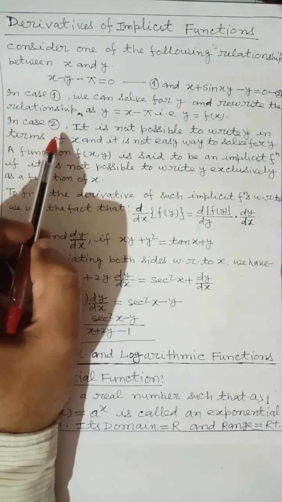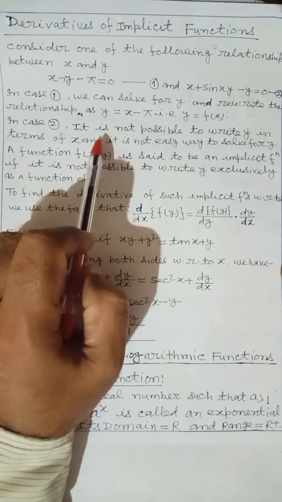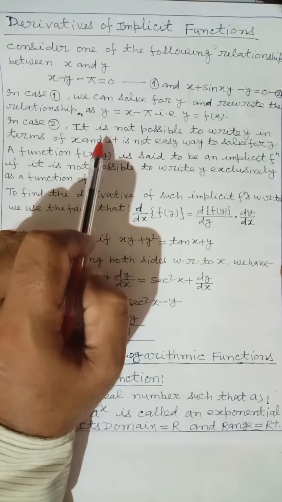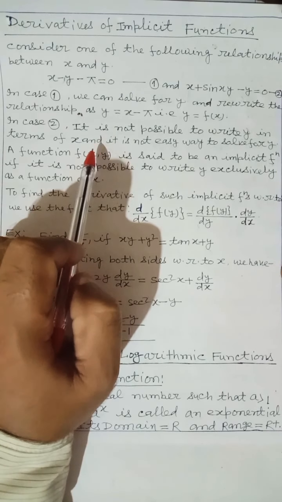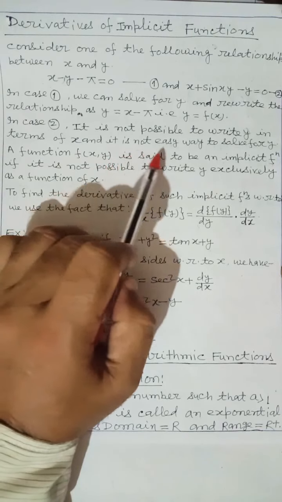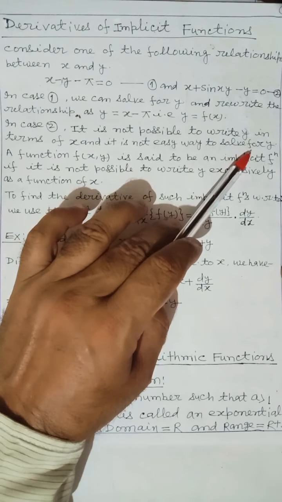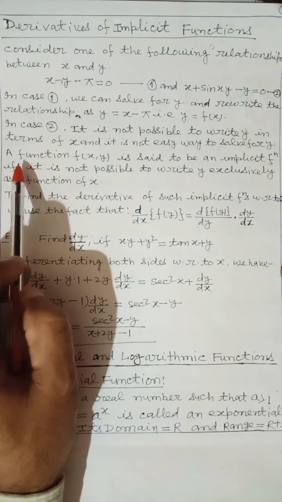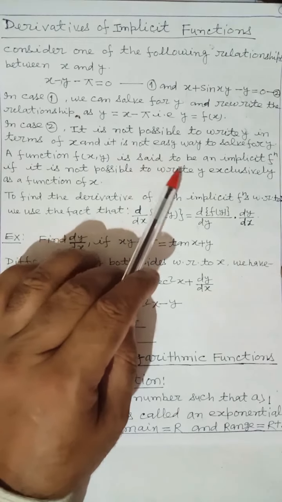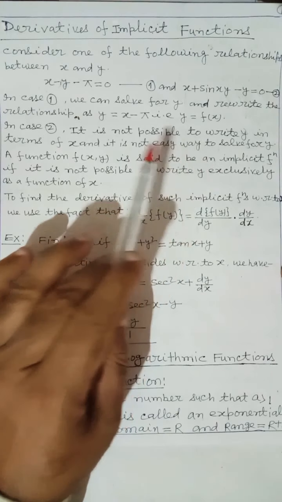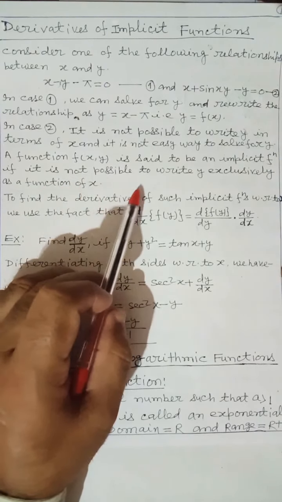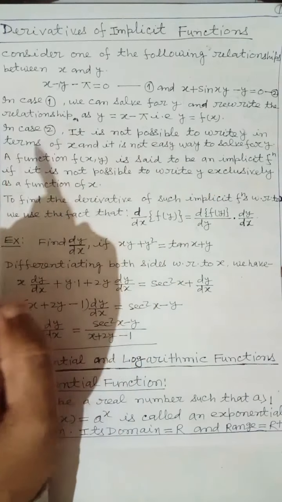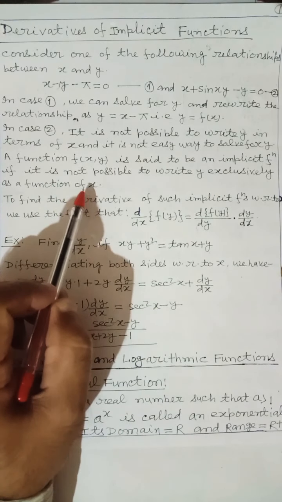In case 2, we cannot write the given relationship as y is equal to f(x). So it is not an easy way to solve for y. A function f(x, y) is said to be an implicit function if it is not possible to write y exclusively as a function of x.